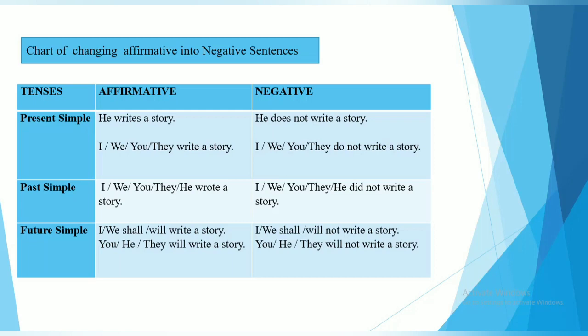In past simple, we use the same format. He wrote a story. In negative, he did not write a story. In future simple, we write I or we shall or will.